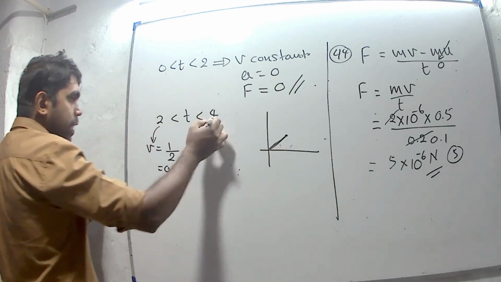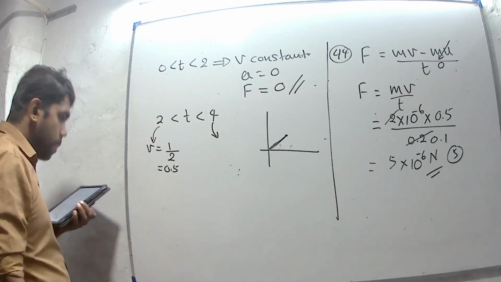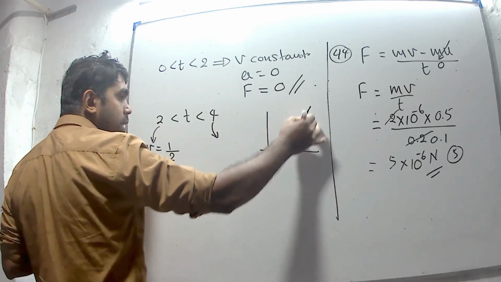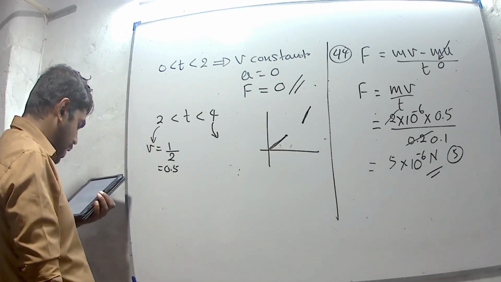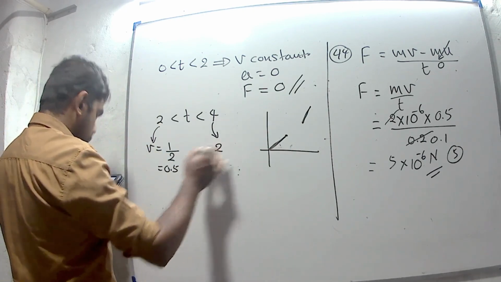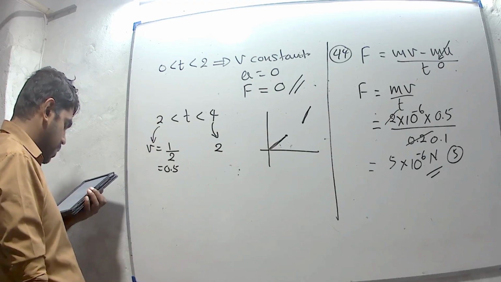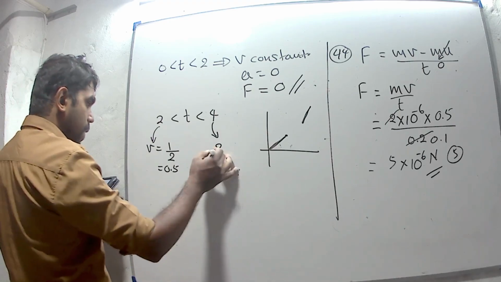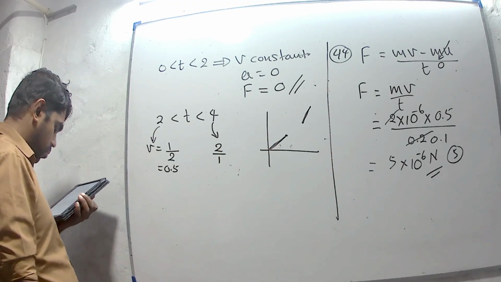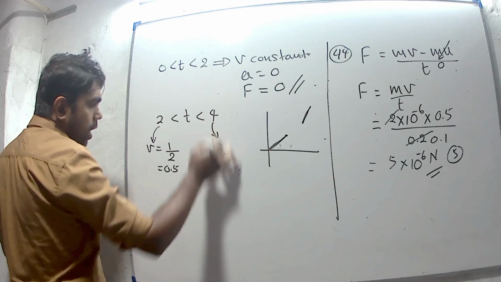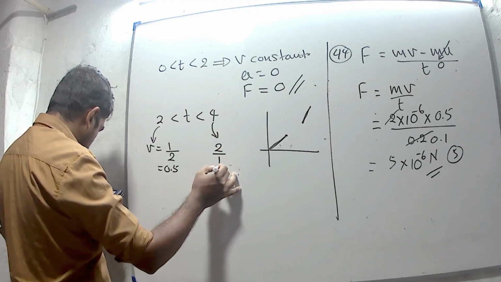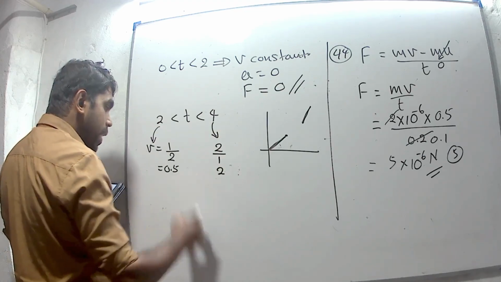And we can get the velocity at 4 by considering the gradient of this part of the graph: difference of y divided by difference of x. It means the velocity at this time is 2 meters per second.